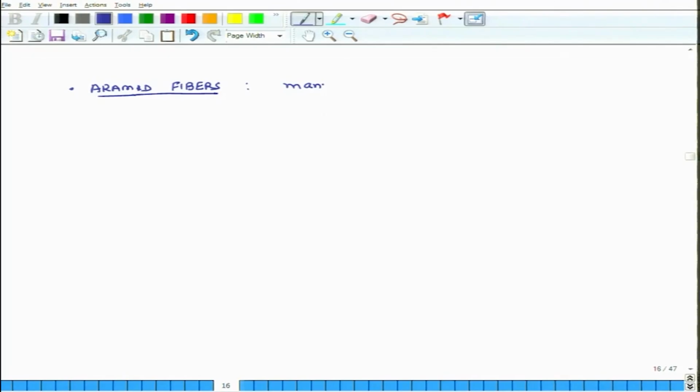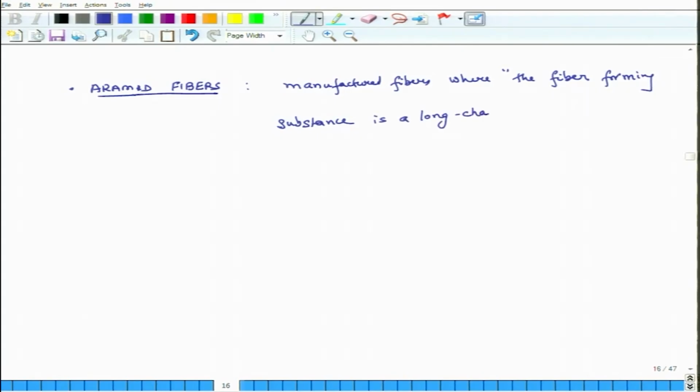So, they are not natural fibers, manufactured fibers where, and I am quoting, the fiber forming substance is a long chain of synthetic polyamide in which at least 85% of amide linkages.